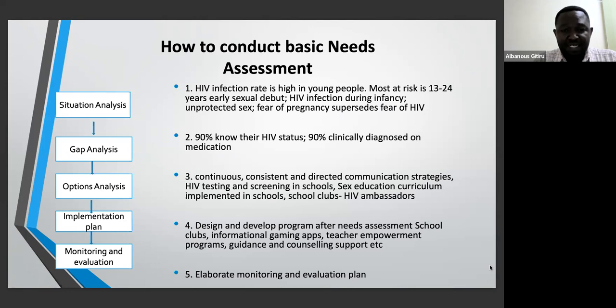The first part, we are talking about the situation analysis. I would want to bring your attention to the illustration or the drawing that we have on one side and the bulleting on the other side, because as you can see, the drawing has 5 boxes, and the bullets also have 5 numbers.